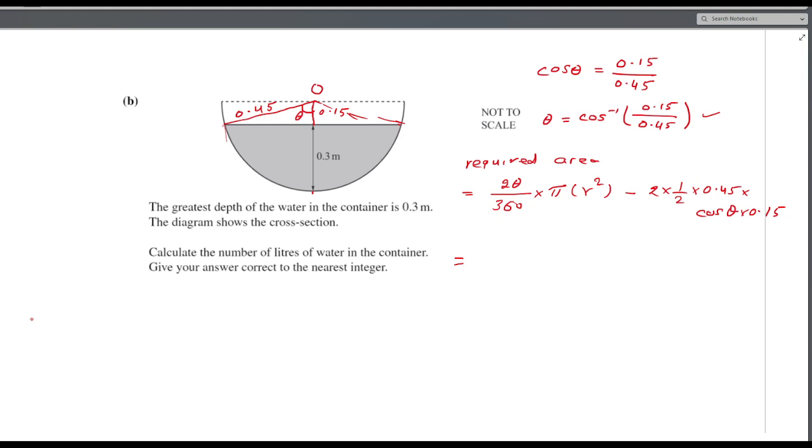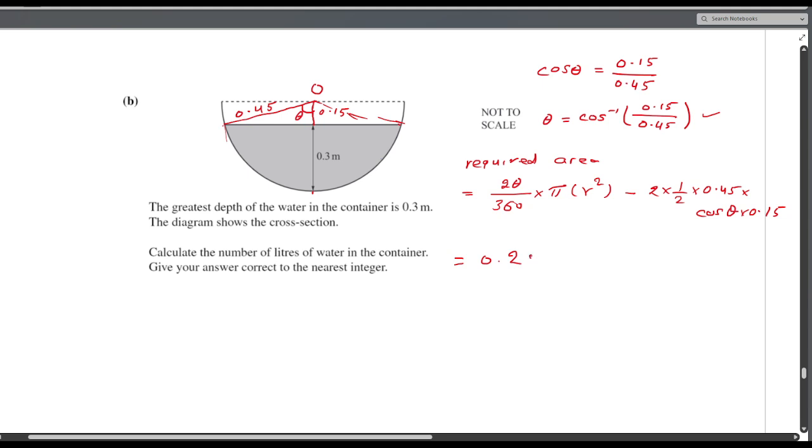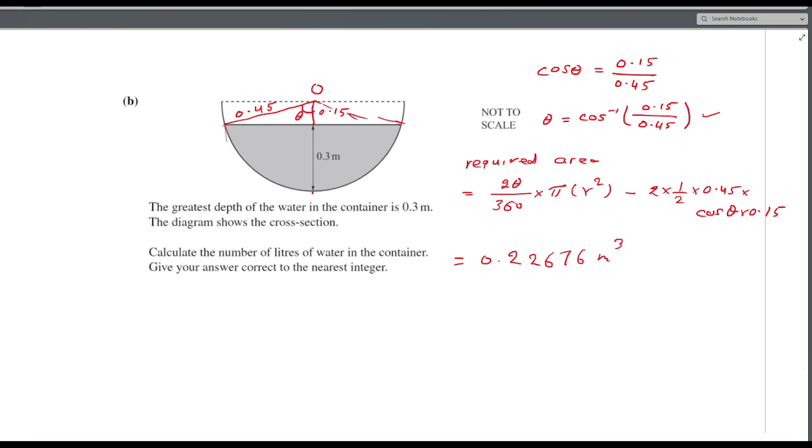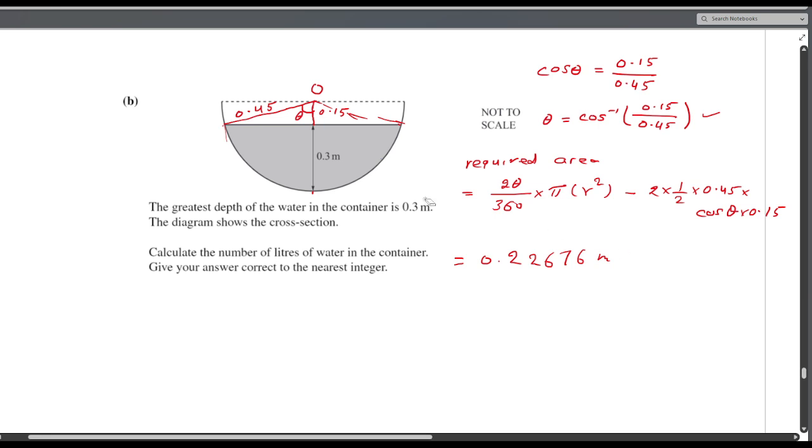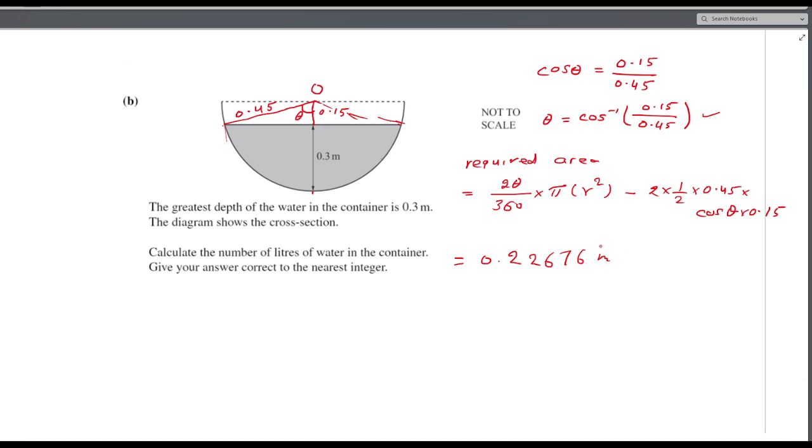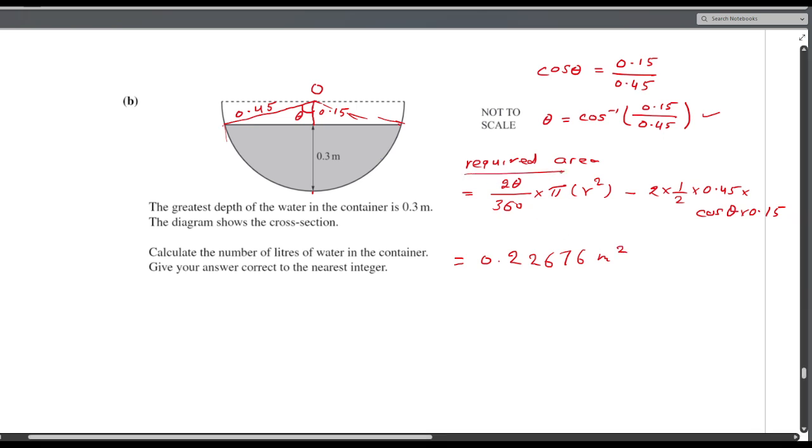So 0.45 no need to write, simply 0.15 I will write. So into 0.15 into 0.15. So the final answer is 0.226676 meter square. This is area.